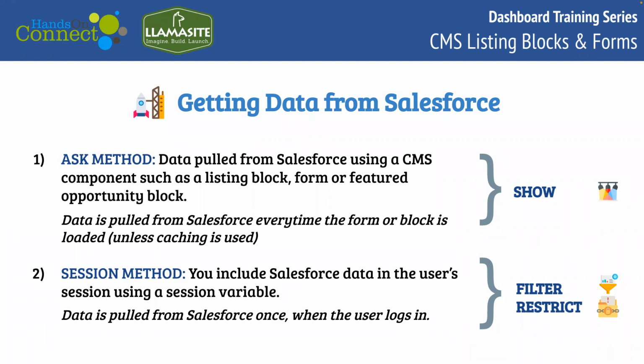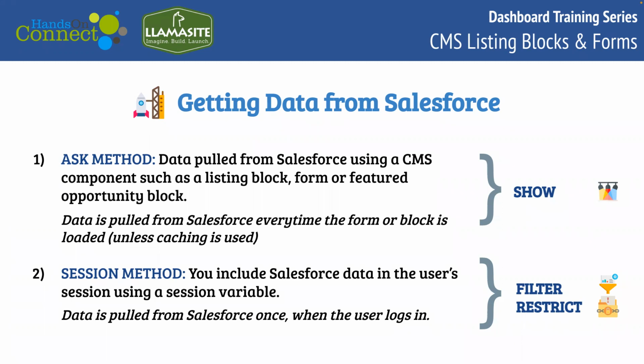The contact information is also in Salesforce, which gives us the contact ID, which is how we're going to filter it. And we might even filter by something else. We might see if they're a member of something, if their membership is up to date, and things like that, if we're looking at other aspects of that data. So we need to pull the data to show, but we also need to pull from Salesforce the data we're going to use to filter that data.